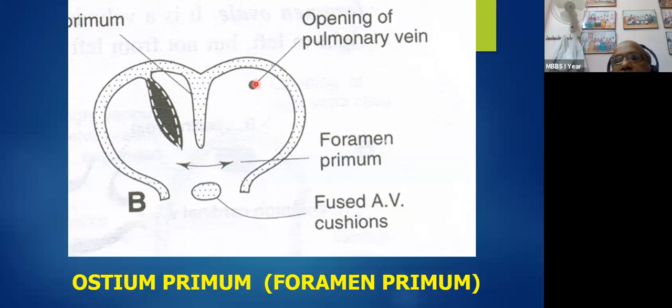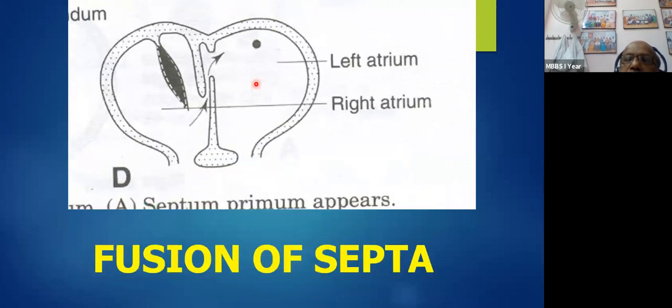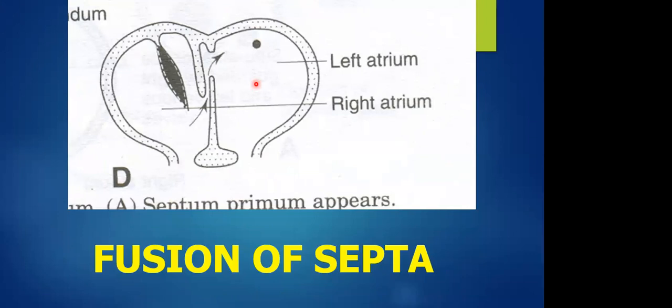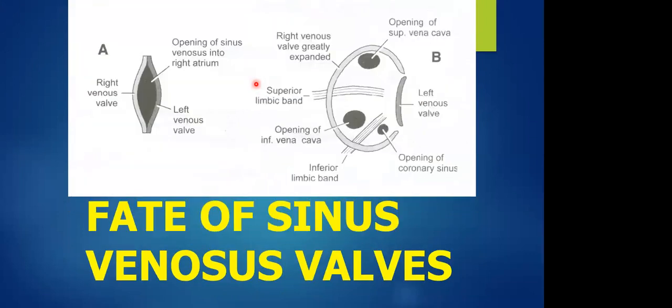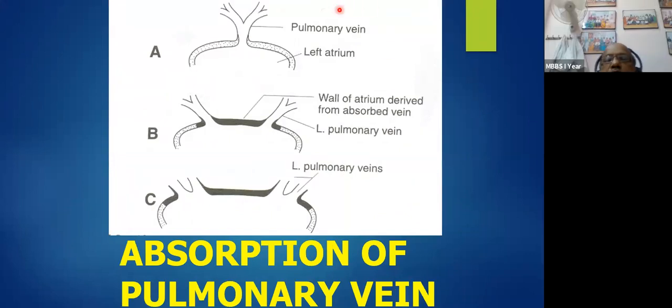But in the adult we see 4 pulmonary veins, 2 on each side: superior and inferior pulmonary veins on the right side, and superior and inferior pulmonary veins on the left side. In all these pictures you are seeing only one opening. Now see the development of your left atrium.